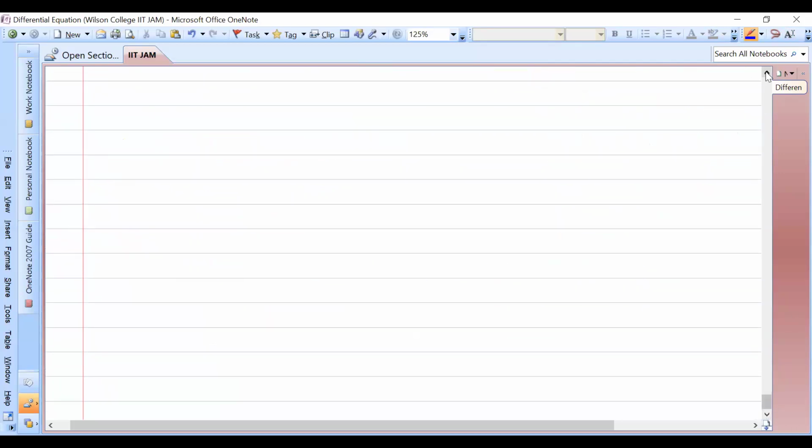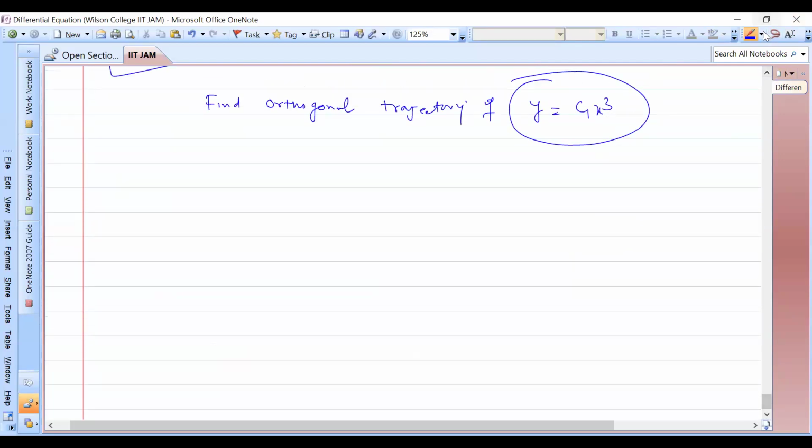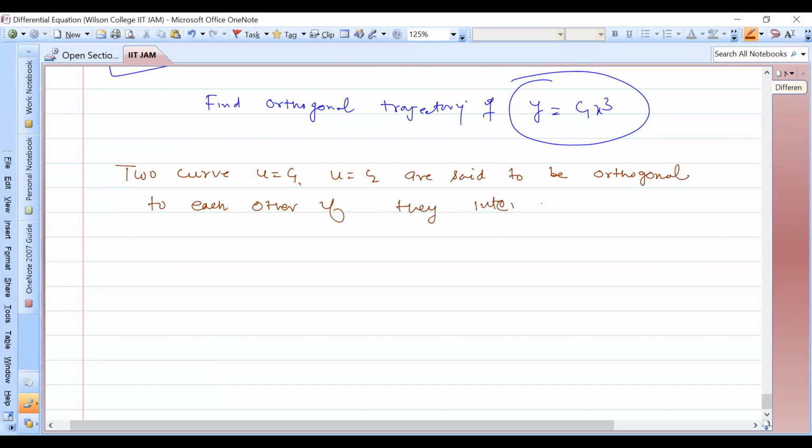A theory part I'm going to explain first. Just as you suggested, sir, orthogonal trajectory means two families u equals c1 and u equals c2 are said to be orthogonal to each other if they intersect at a right angle.